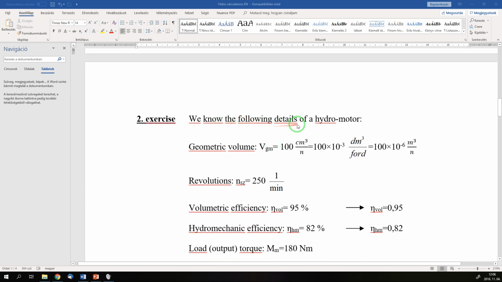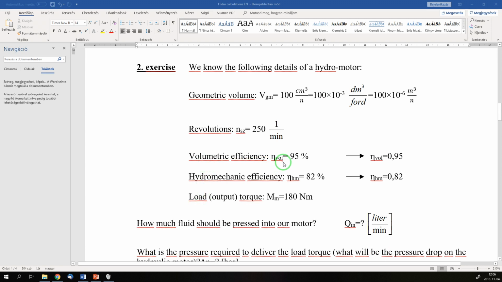So we know the following details of a hydromotor. The geometric volume is 100 cubic centimeters per revolution. The revolution on the output shaft of the motor is 250 1/min. The volumetric efficiency is 95%.